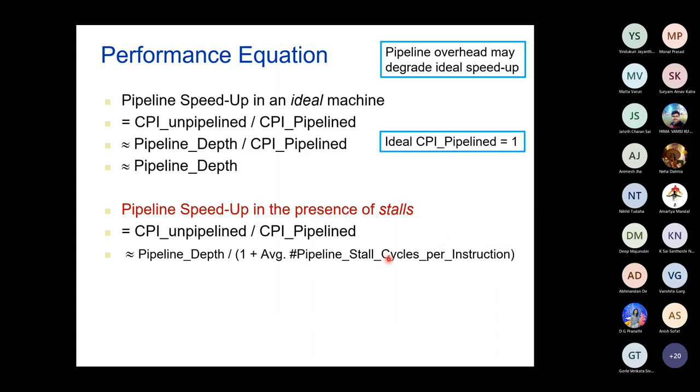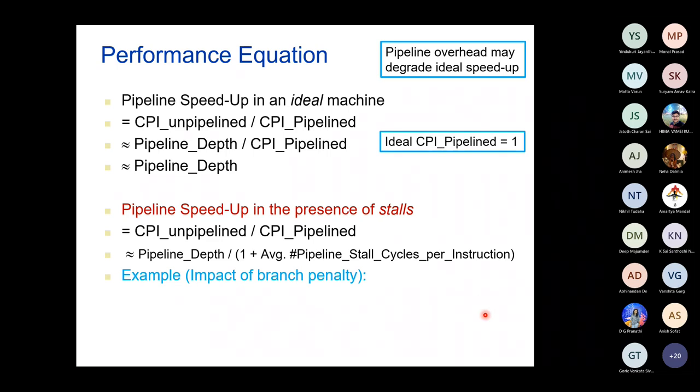That is the average number of pipeline stalls per instruction, which would impact the average. So it is 1 plus this fraction. As you can see, in the presence of stalls, this speedup reduces from the ideal value.